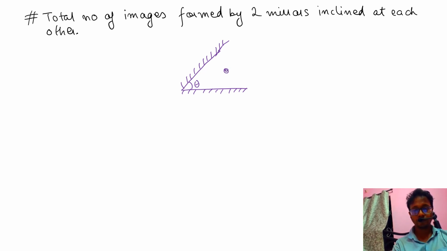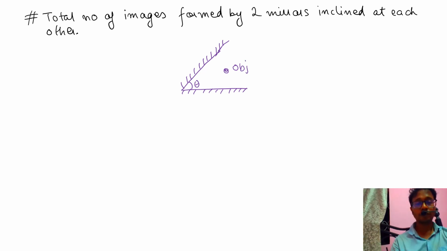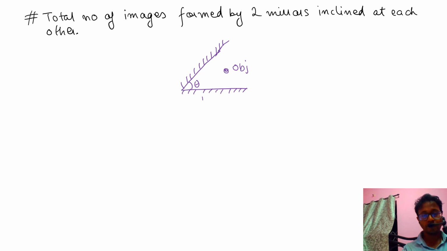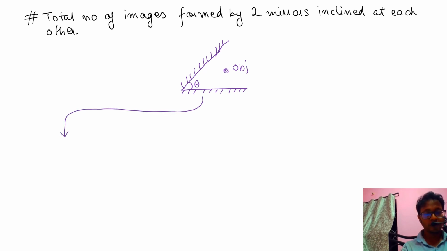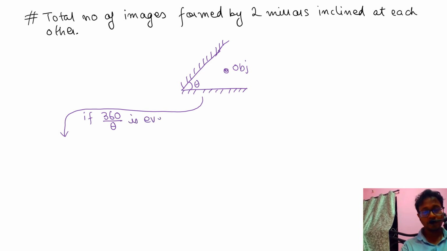The total number of images will depend upon two things. If 360 by theta is even, then the total number of images formed would be 360 by theta minus 1.